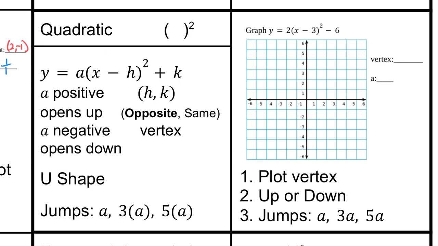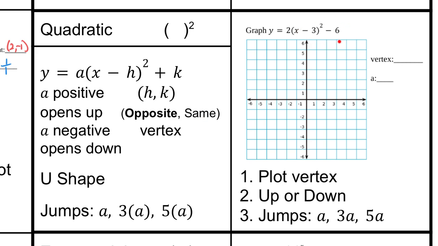For quadratic functions, you're always going to see an exponent of 2 somewhere in there. In our general form right here, again, it behaves very similarly to point slope form and absolute value form. Opposite for the value that's inside the brackets for x, same sign for the value that's outside the brackets, the y value.